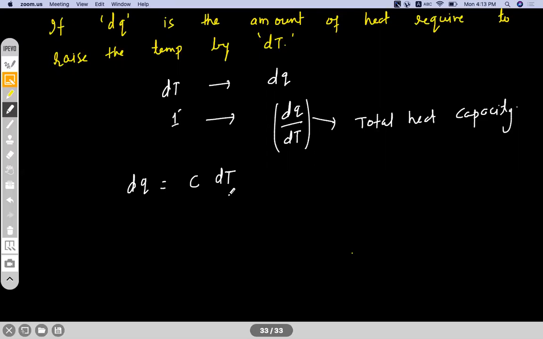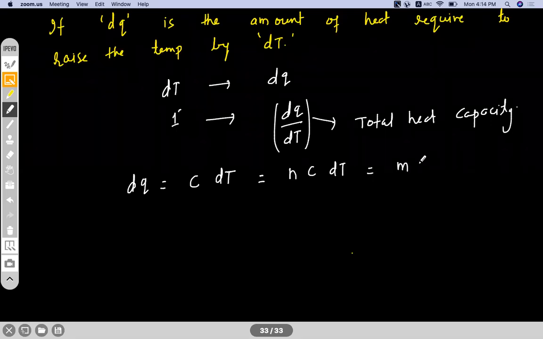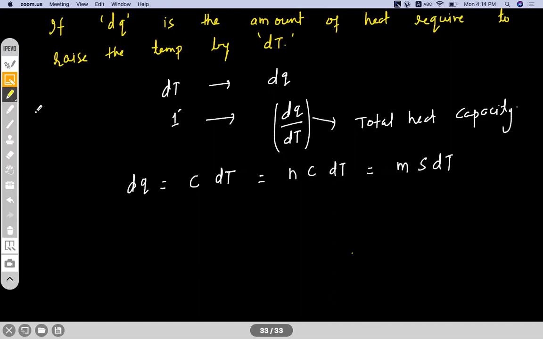Further, for n number of moles, we can write n C dT, or we can write m s dT.